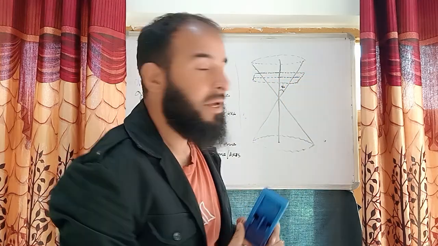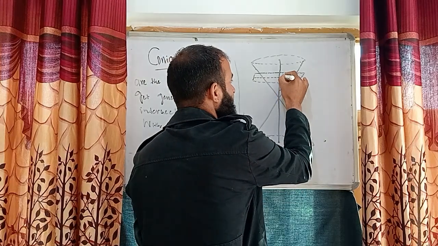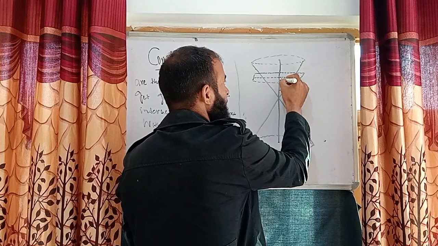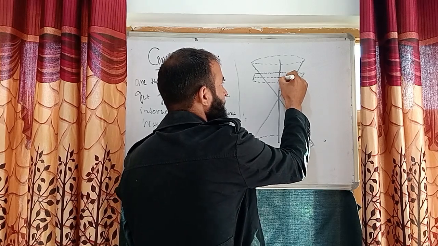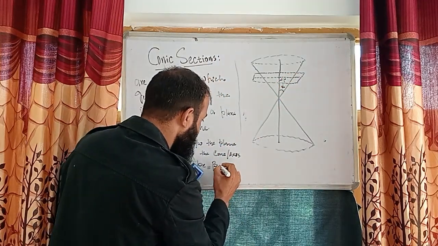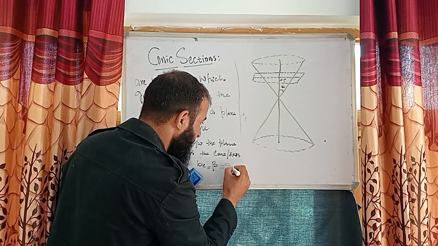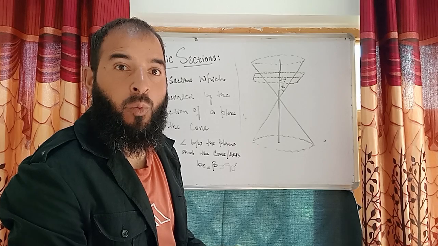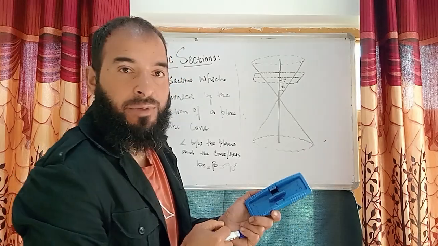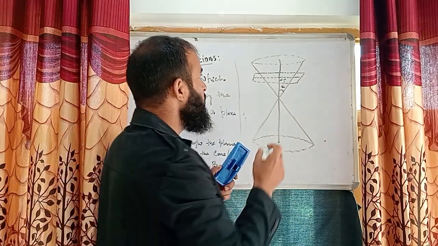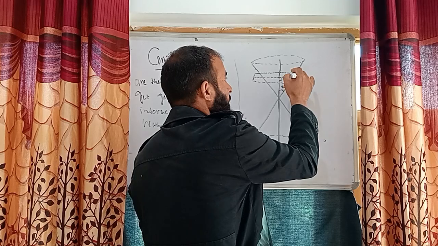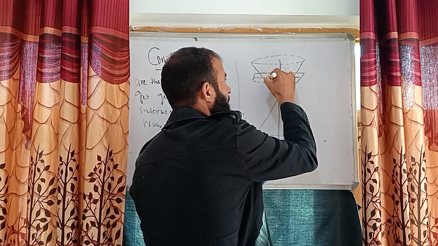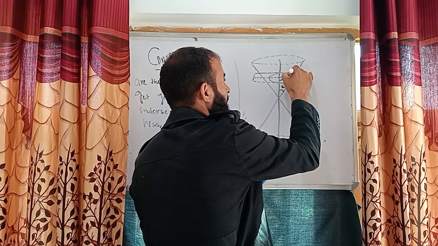If the plane cuts at this angle, that means this beta is 90. Now see, when this beta is 90, which section of the cone will get formed? We will get a section of the cone that looks like this.